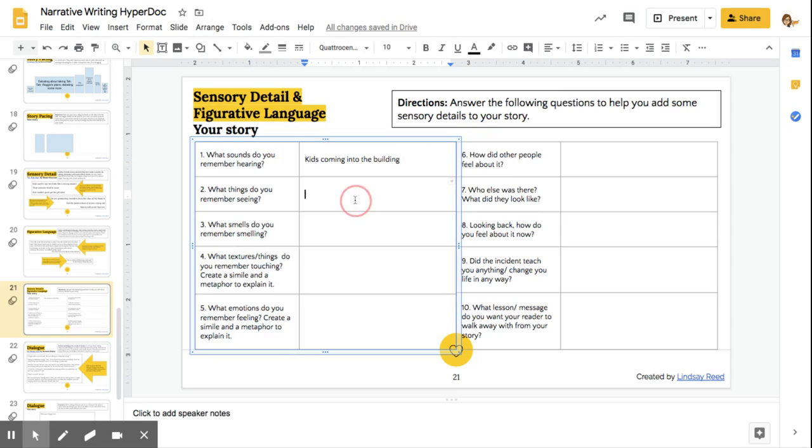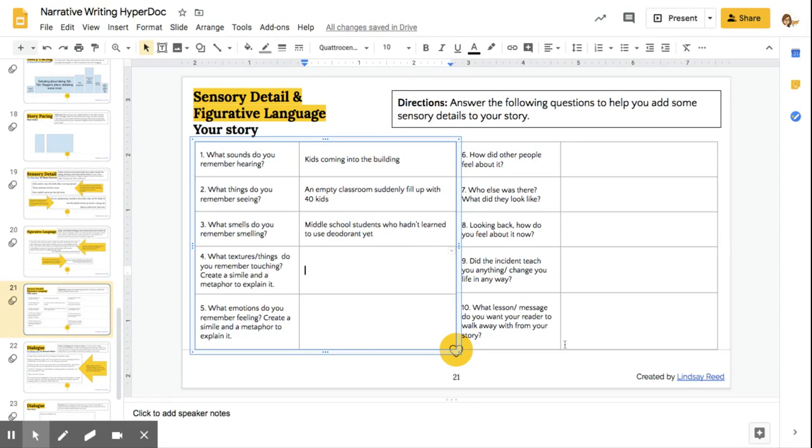What things do you remember seeing? An empty classroom suddenly fill up with 40 kids. What smells do you remember? Middle school students who hadn't learned to use deodorant yet.